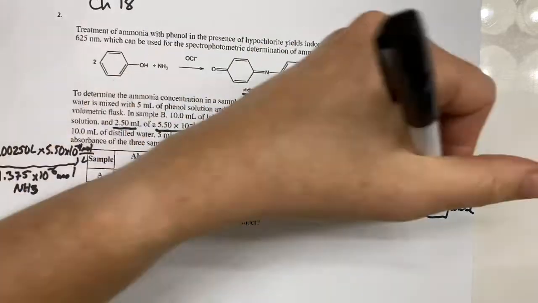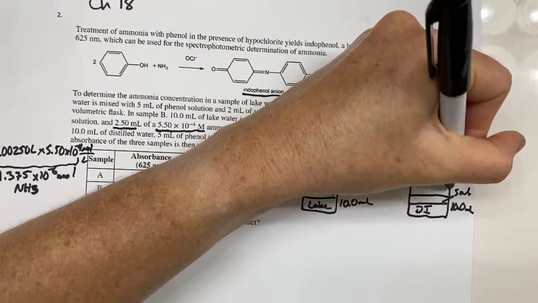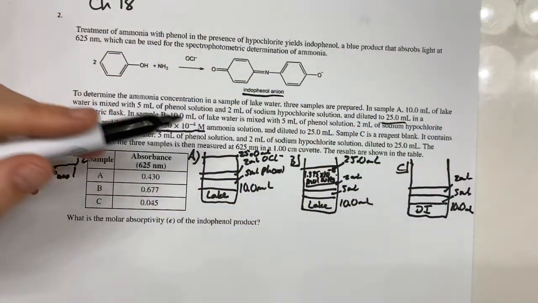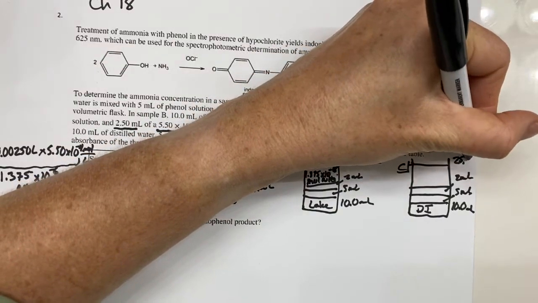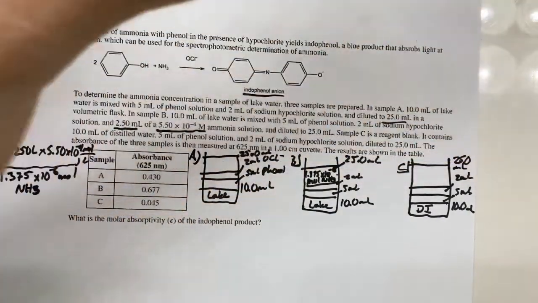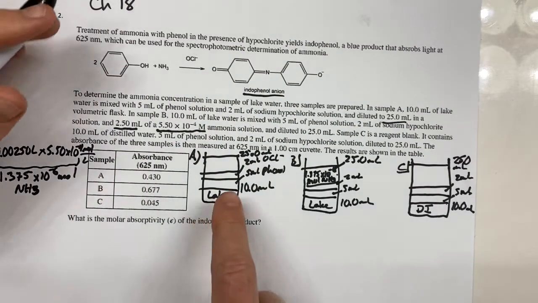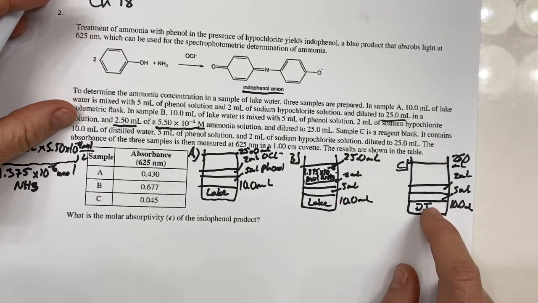You added 5 milliliters of phenyl, same stuff, 2 milliliters of the bleach, and then you simply filled it to 25.0 milliliters with more water. So here we have a sample, here we have a sample with ammonia, and here we have our blank.